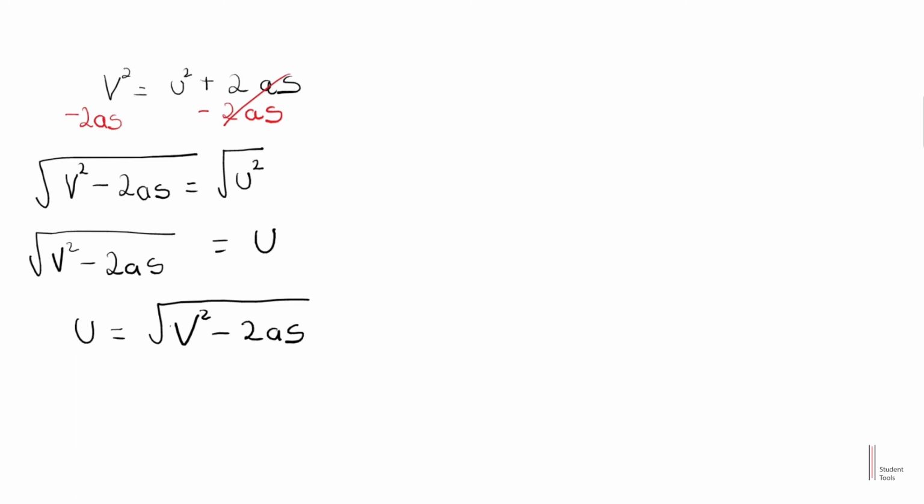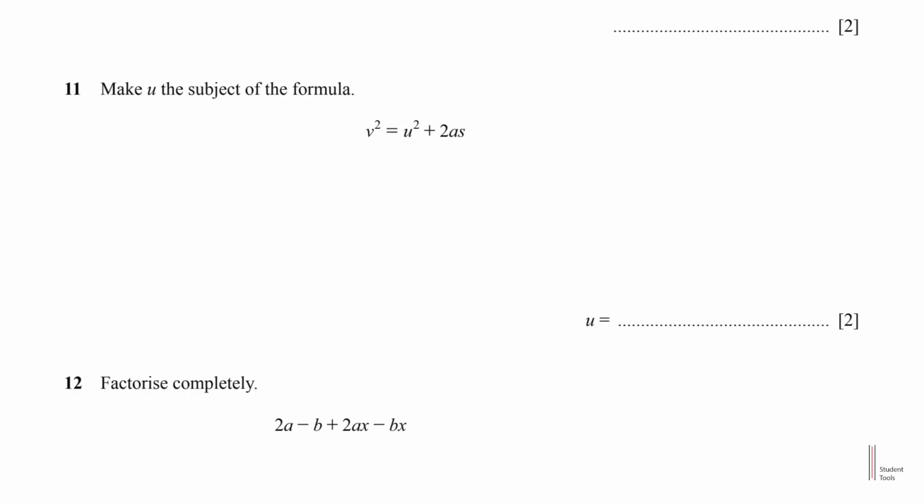All right, now we move on to question 12. Question 12 says factorize completely, and we're given that expression. We have 2a minus b plus 2ax minus bx. So we're supposed to factorize this expression.